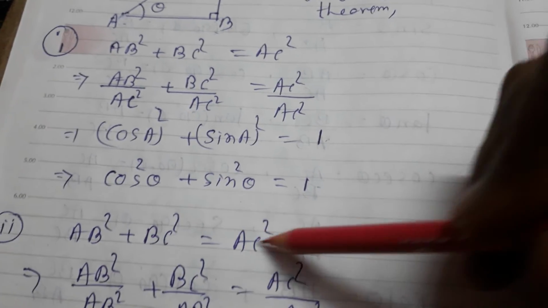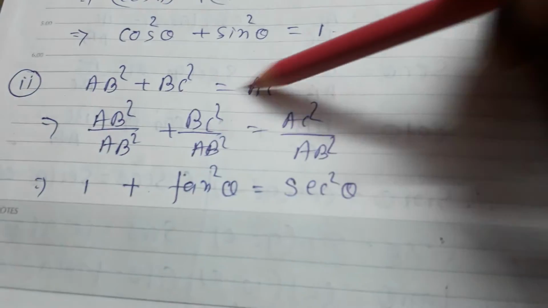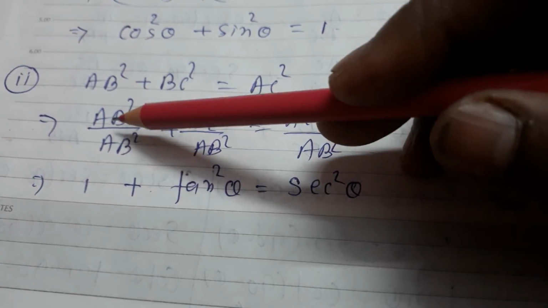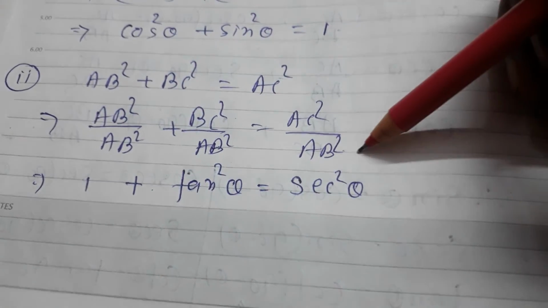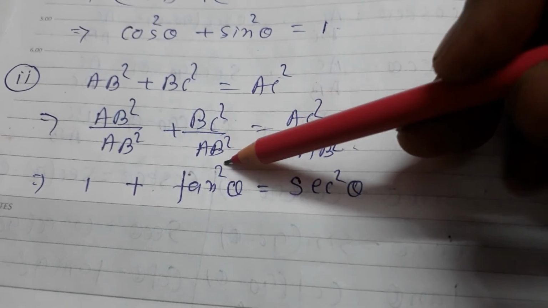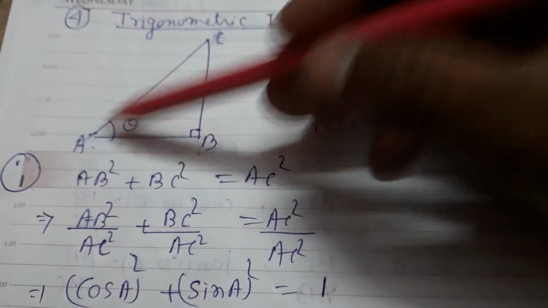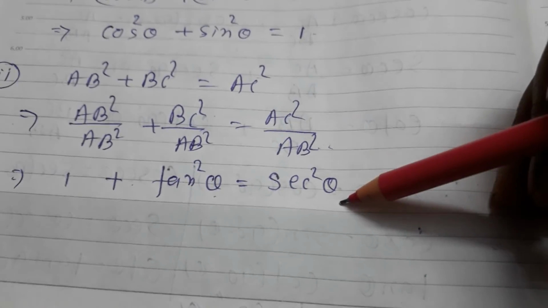Again, I have written the same: AB square plus BC square equals AC square. Now all the terms are divided by AB square. So AB square by AB square is 1, BC square by AB square equals tan square theta, and this is sec square theta.